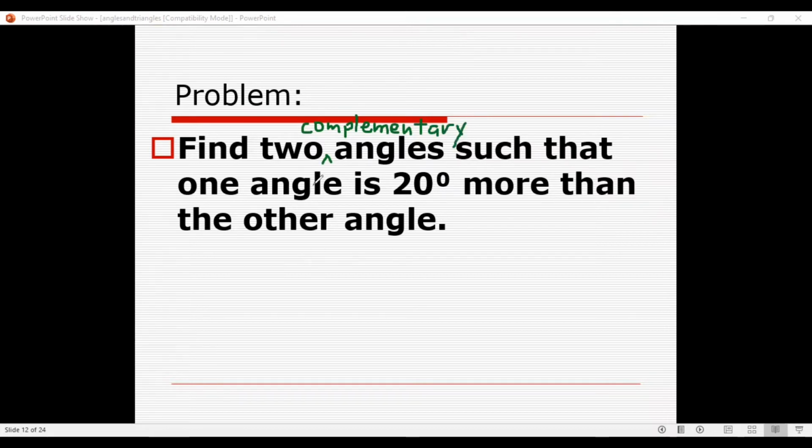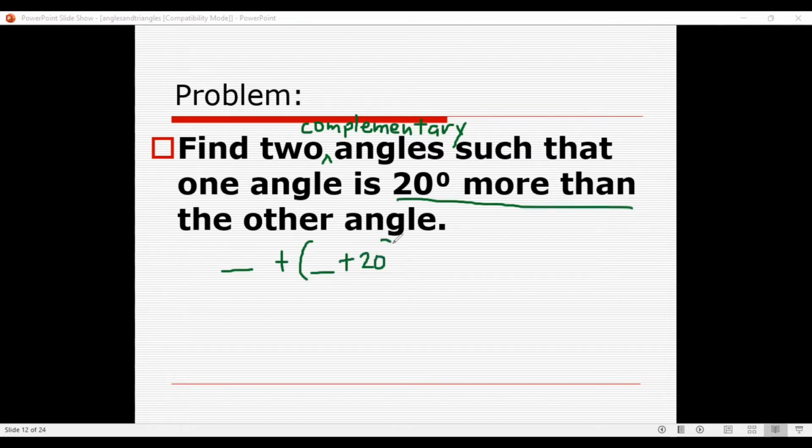We will be forming an equation that will represent the two angles. One angle has a missing measure, and then there is another angle that is 20 more than it. When you say 20 more than, that simply means that whatever the value we are looking for, we need to add an additional 20 degrees.